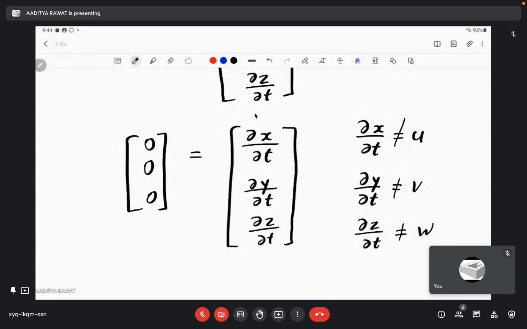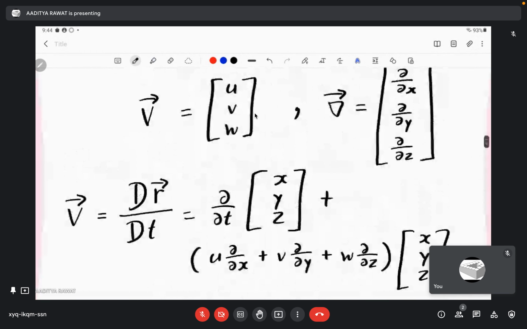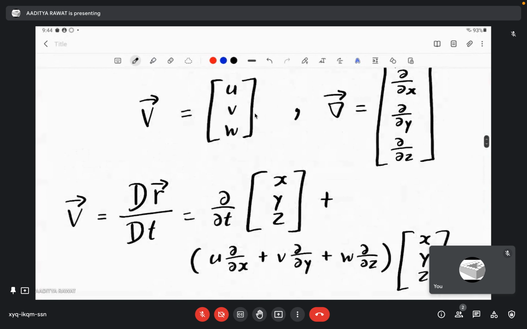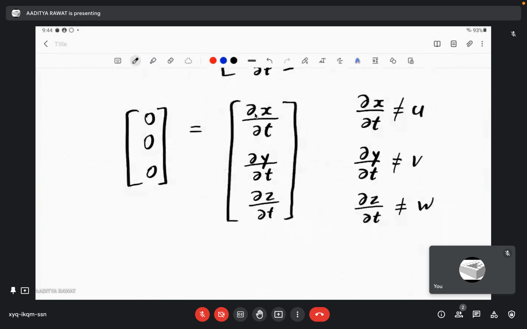And why is this the case? Here comes the understanding of Lagrangian versus Eulerian method. These x, y, z and this entire material derivative is meant for an Eulerian approach, where we do not consider individual particles, rather we consider the flow field. So here x, y, z and t are all independent parameters.